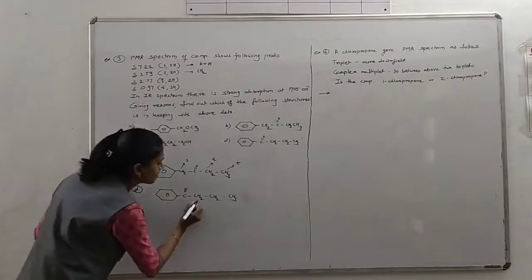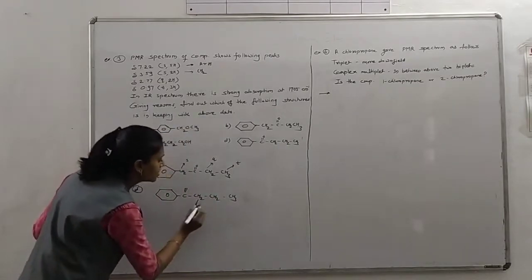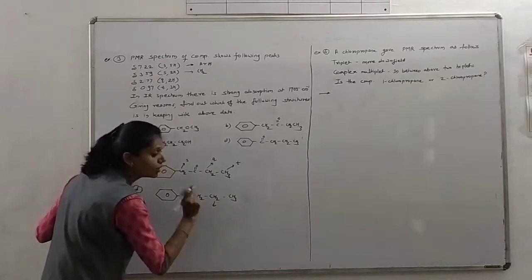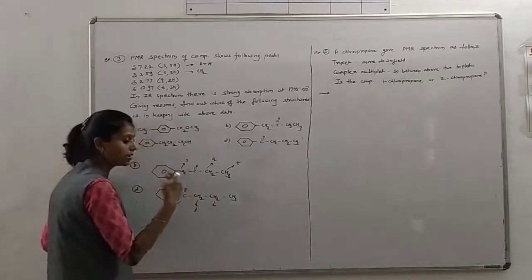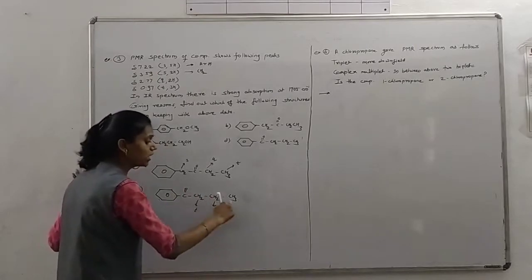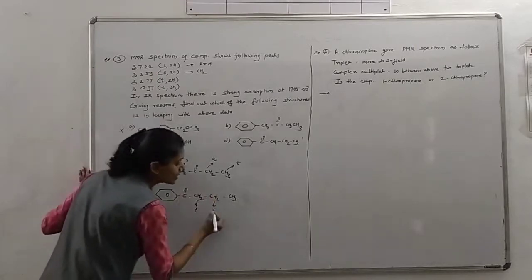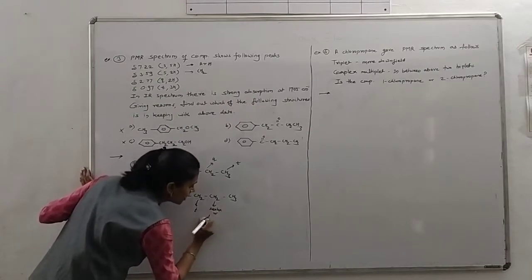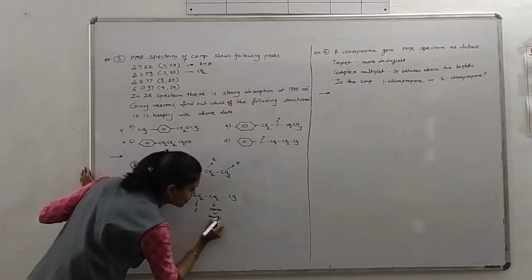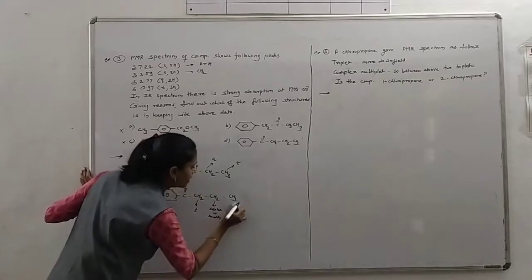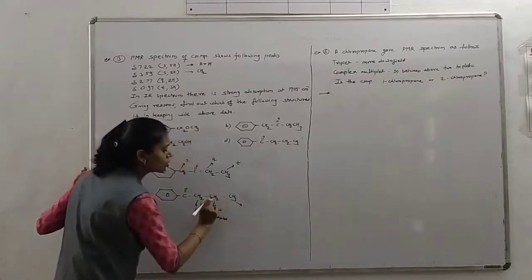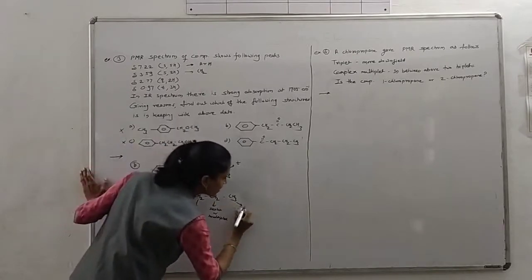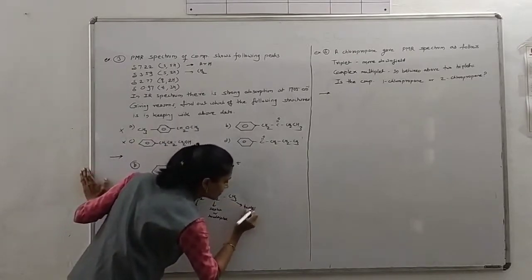In the other case, you get 3 plus 2, 5 non-equivalent protons, 5 plus 1, that means 6, a sextet, or we can say a multiplet also. And here the 2 protons adjacent to this methyl group give 2 plus 1, a triplet.